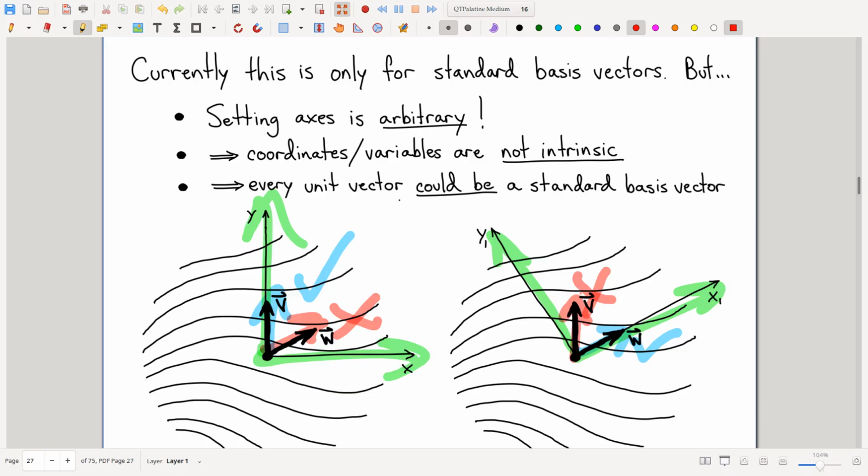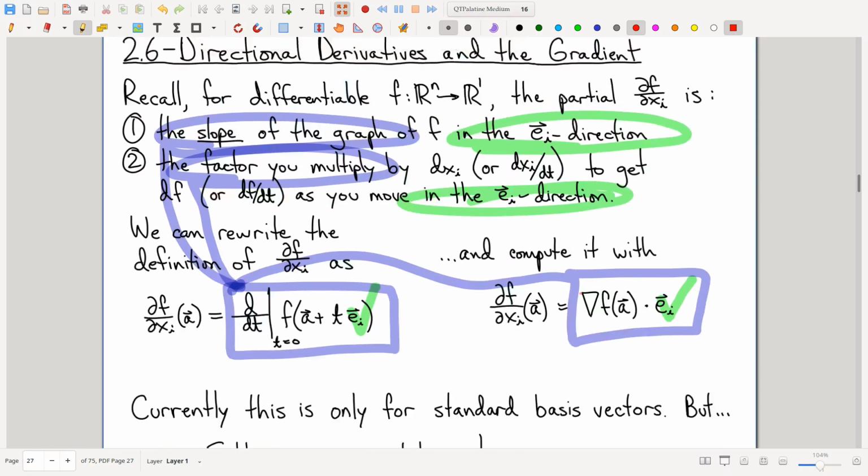So given that it's a free country and all that, I can set up my axes however I want. Any unit vector could be a standard basis vector if you just set up your coordinate system the right way. Is that cool? Okay, well, let's come back up here then.